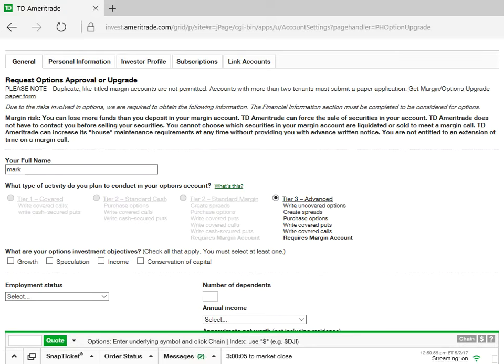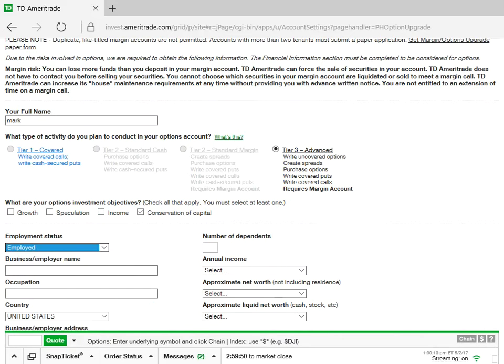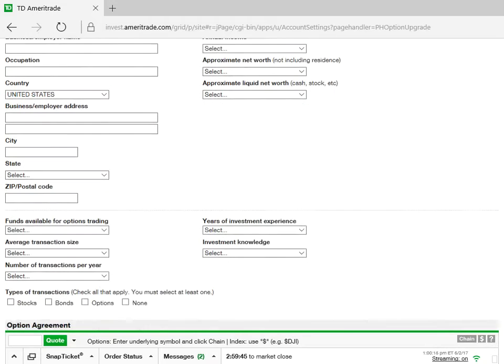So you want to get level 1, and you click the little dot, and then you put what your investment objectives are, and then you put your employment status, and hopefully you have a job, and then you put all this information down here.